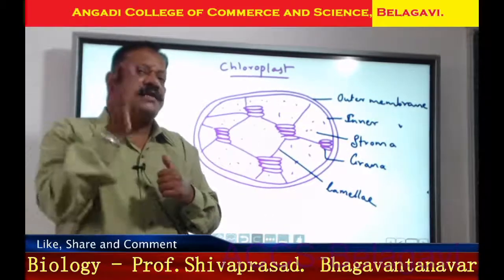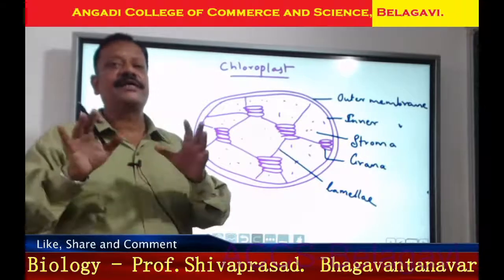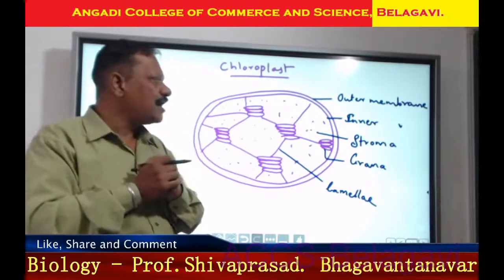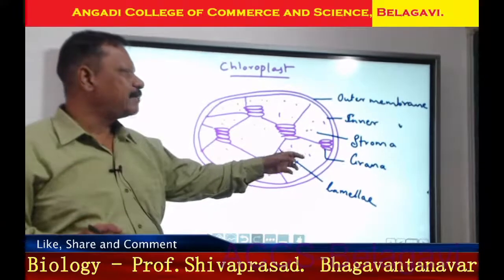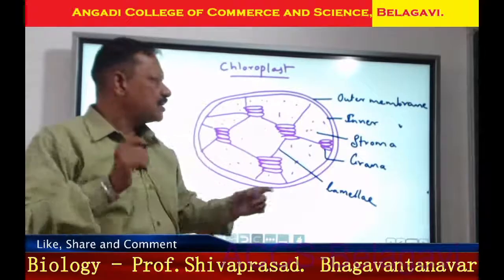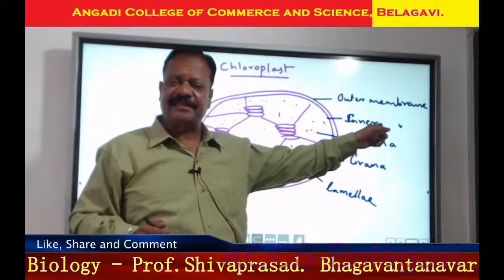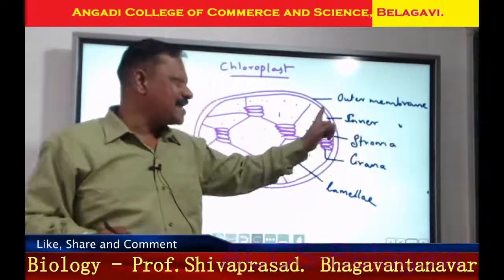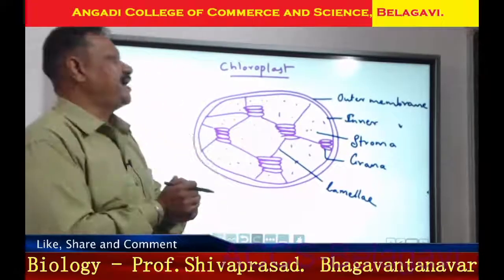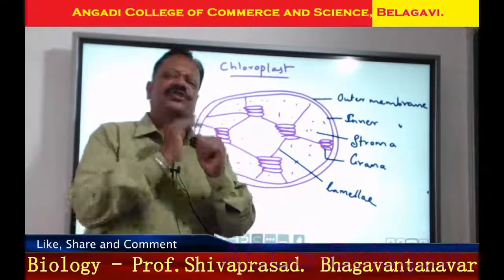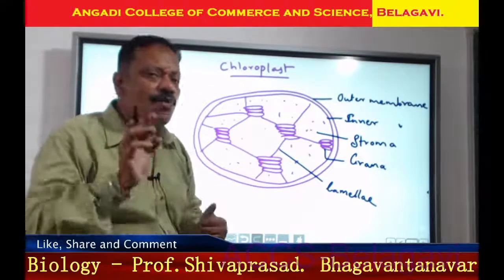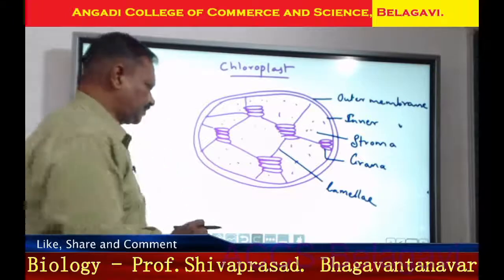And when light is absent, during dark time, during night time, the reactions take place in the stroma of the chloroplast. So the dark reaction takes place in the stroma and the light reaction takes place in the grana. In this way, you observe the general structure of the chloroplast. Now we'll move to our questions.